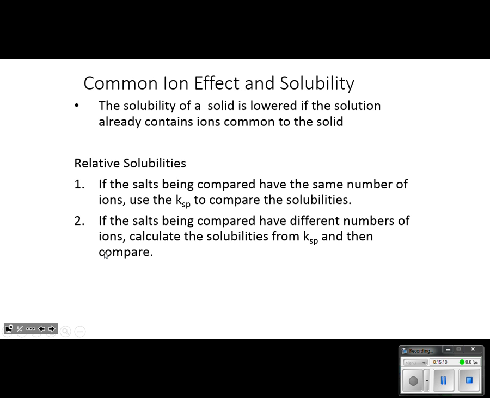If the salts that you're comparing happen to have different numbers of ions, then you actually do have to do a little bit of math to calculate the molarities from the KSP.